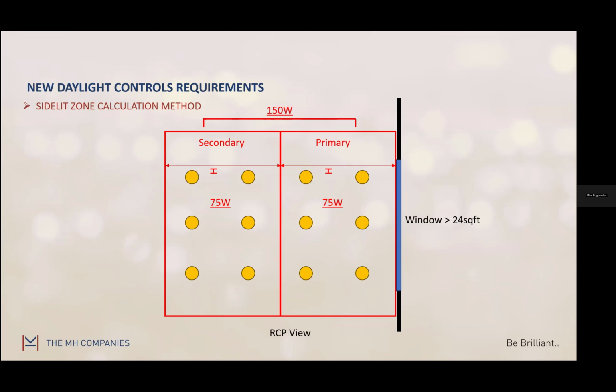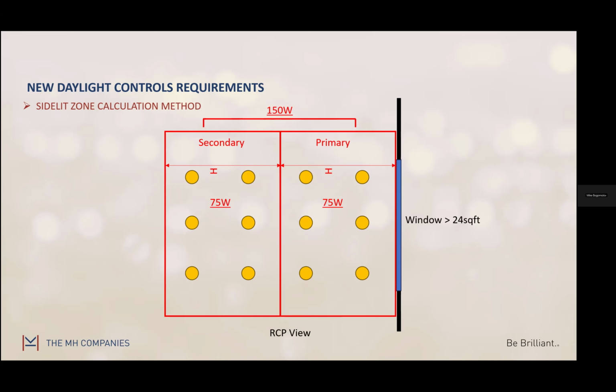For a closed loop photocell, you would need two. A closed loop photocell is monitoring the actual light at your task level, whether that's the floor in that space or a desk. That photocell is reading the light level at that task surface, looking directly down underneath the lights provided under each of these zones. So in this case, you would need two separate photocells.